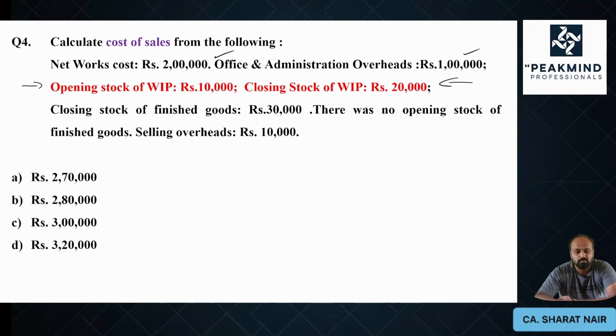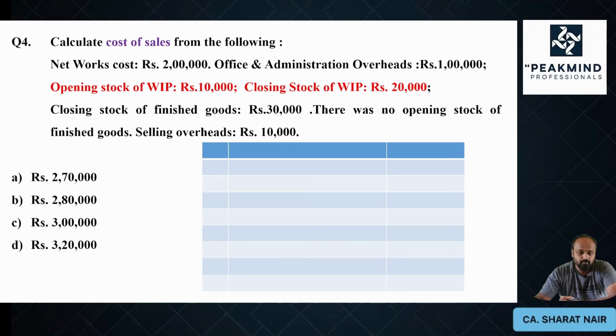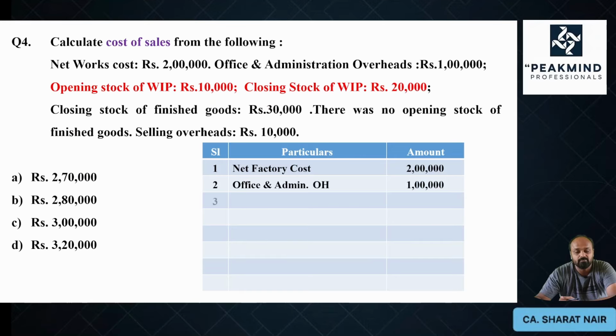Next, they have mentioned closing stock of finished goods, which means there is no opening stock mentioned there, and selling overhead is 10,000. Now we know that net works cost, which is factory cost, 2 lakh, plus office administration overhead, 1 lakh, gives cost of production, which is 3 lakh. Opening stock of finished goods is not there. Closing stock of finished goods is given, which is 30,000.